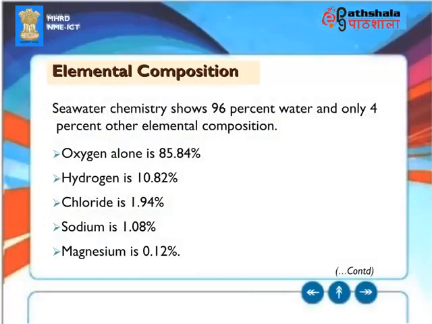Elemental composition. Seawater chemistry shows 96% water and only 4% other elemental composition. Oxygen alone is 85.84%. Hydrogen is 10.82%. Chloride is 1.94%. Sodium is 1.08%. Magnesium is 0.12%.